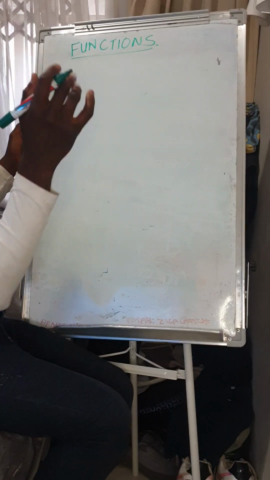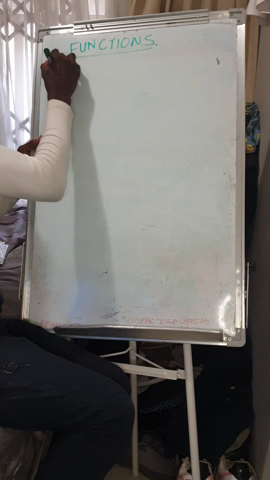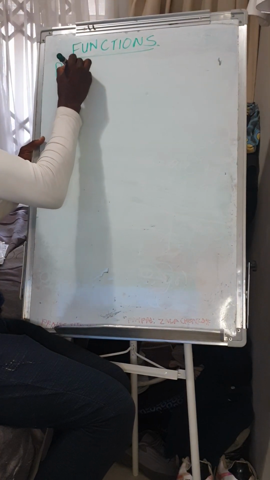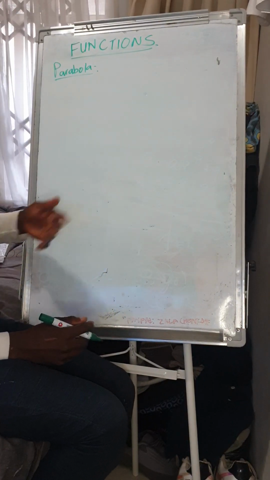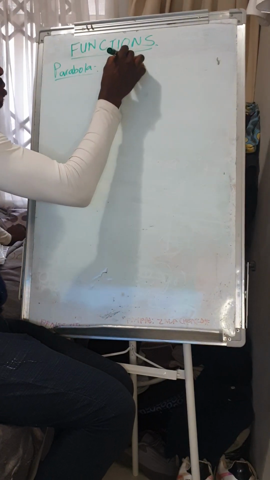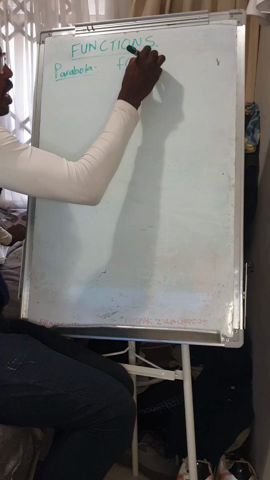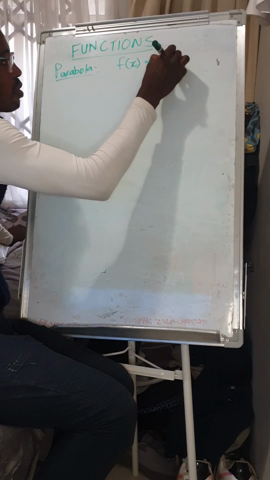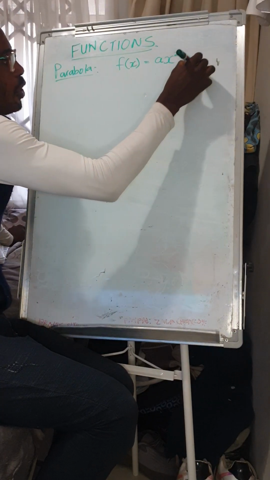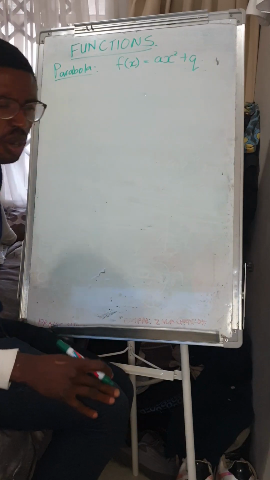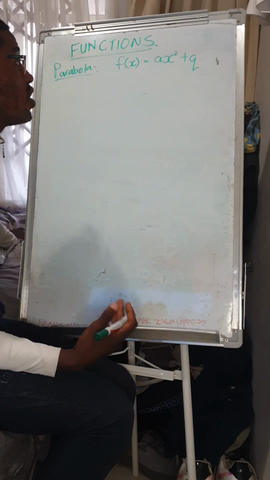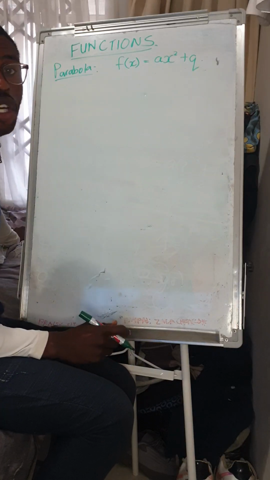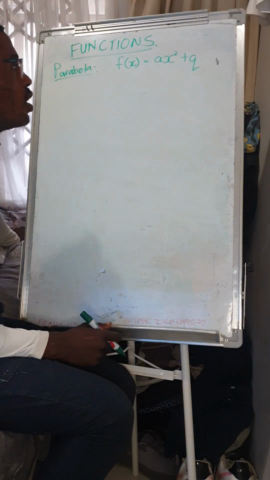So today we're going to look at the parabola. Right, we actually spoke about the parabola being in the form f of x equals ax squared plus q. We explained everything on that. If you feel like you are still left behind about this, you may go to my previous video that I posted about this.